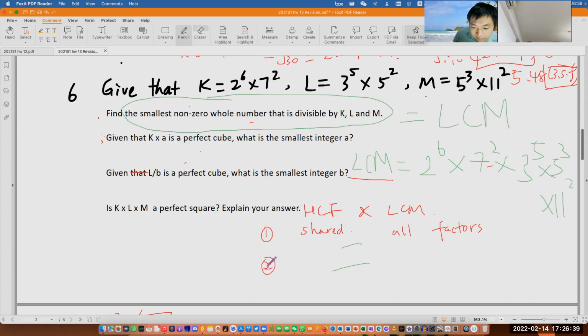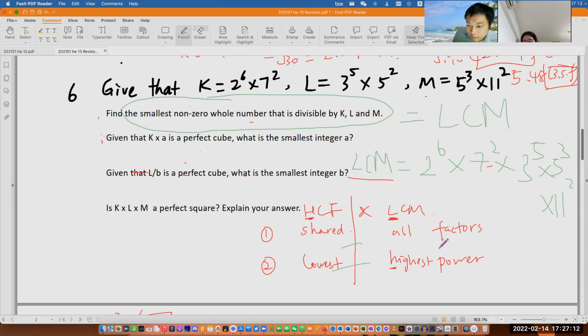The second tip has to do with the power. For LCM, the lowest common multiple, L, you use the highest. For highest common factor, H, you use the lowest. So HCF is shared factors, lowest power. LCM is all factors and highest power.